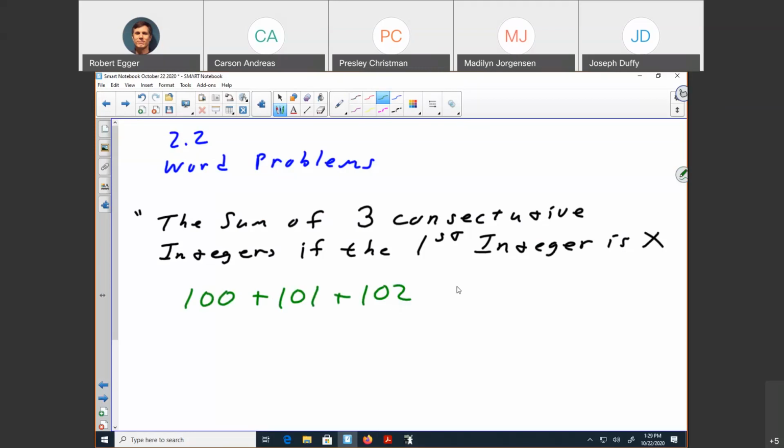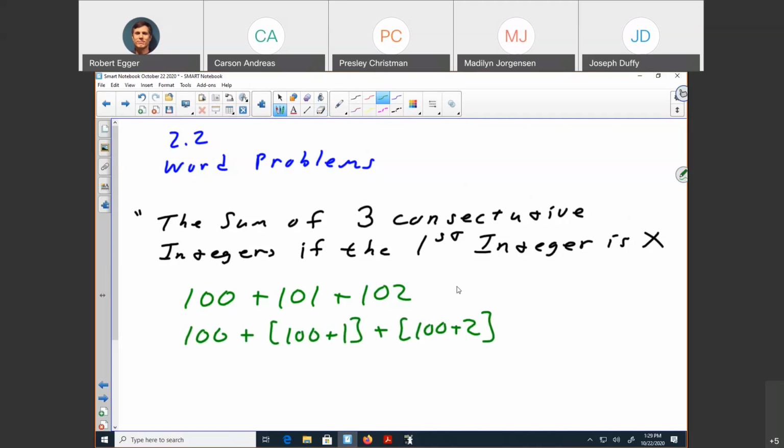I just made a quick model of three consecutive integers. Now it says let the first one be x. Well, to get to 101, I can also write it as 100 plus 1, and 102 as 100 plus 2, right?